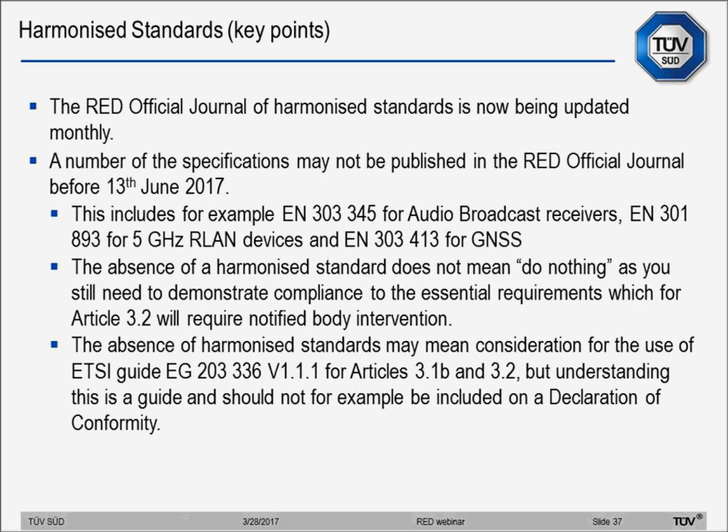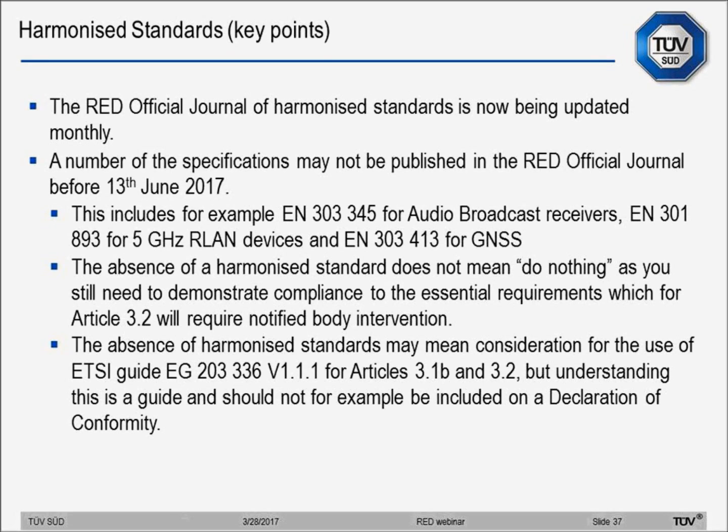In the majority of cases, you cannot simply use existing R&TTE specifications, as these are unlikely to cover the essential requirements of the RED, particularly for Article 3.2. The absence of harmonized standards may mean consideration for the use of ETSI Guide EG 203336 version 1.1.1 for Articles 3.1b and 3.2.